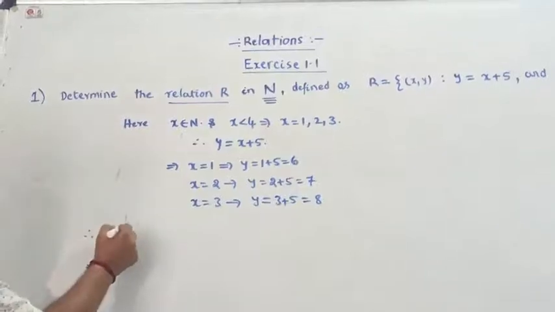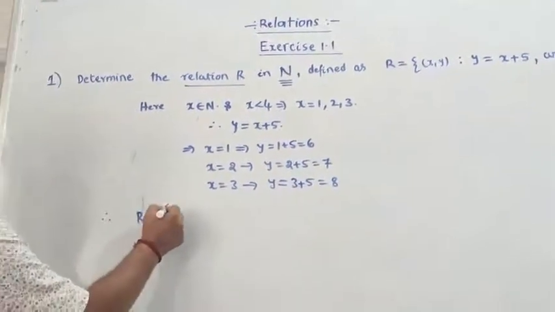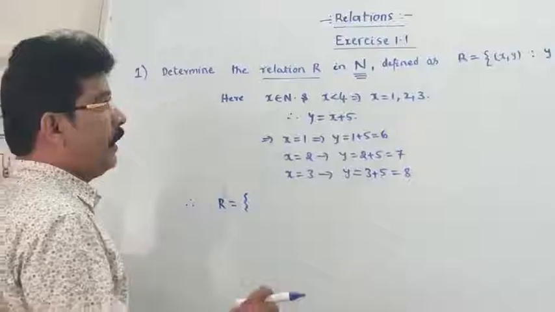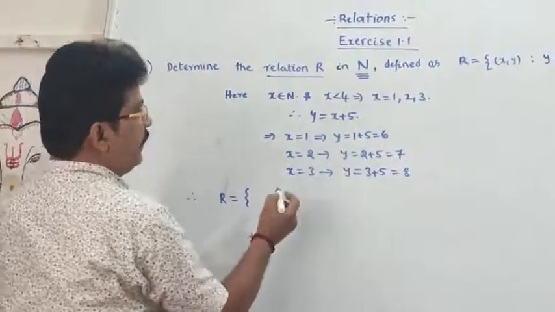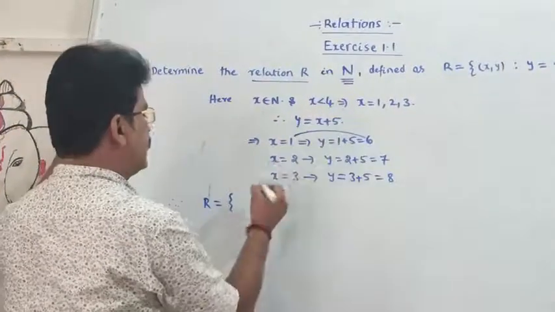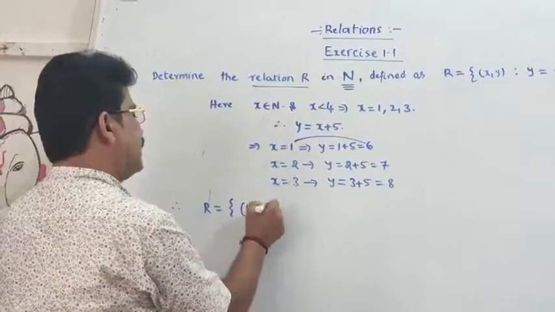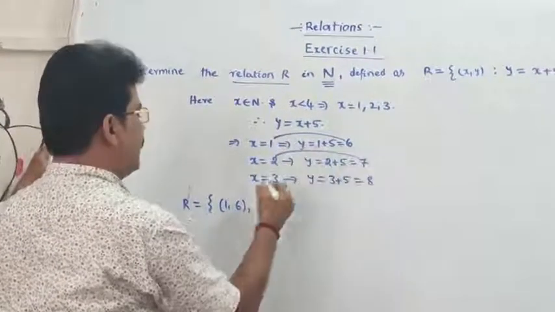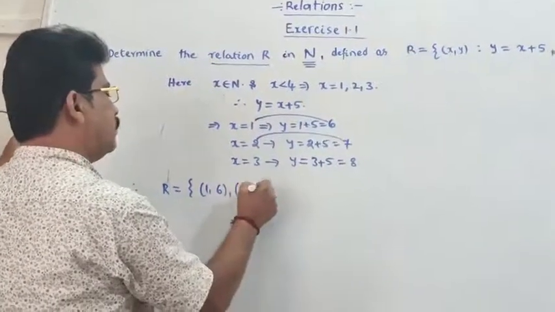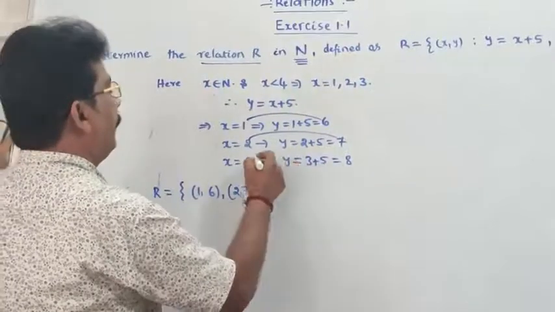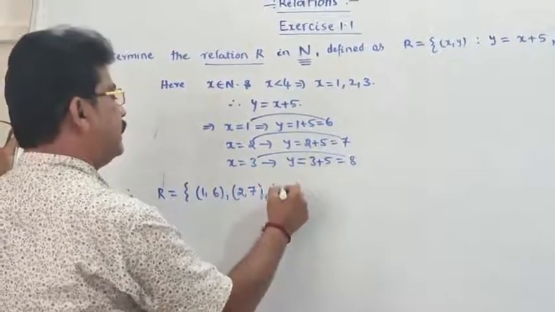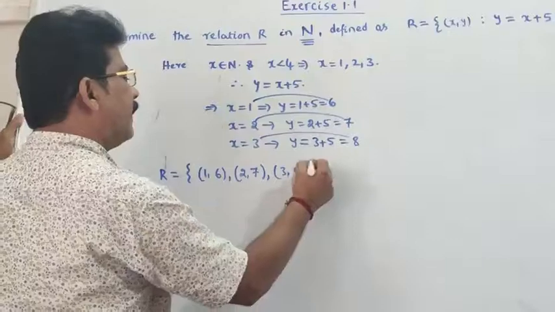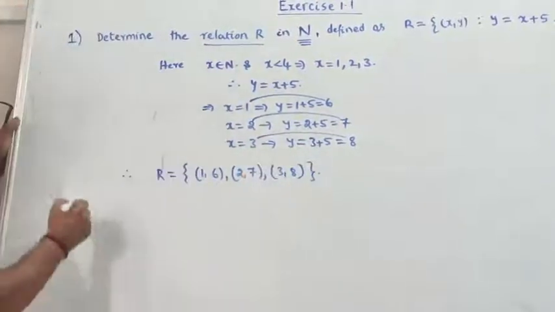Therefore, the relation capital R defined on capital N is {(1, 6), (2, 7), (3, 8)}.